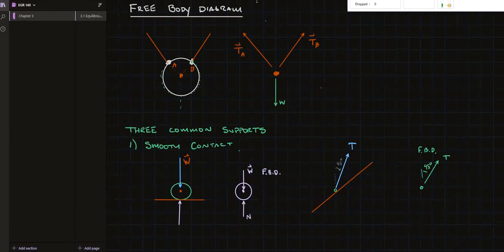So then there is a normal force that's normal to the surface, pushing up on this particle like so, 90 degrees to the surface, and that's our normal.